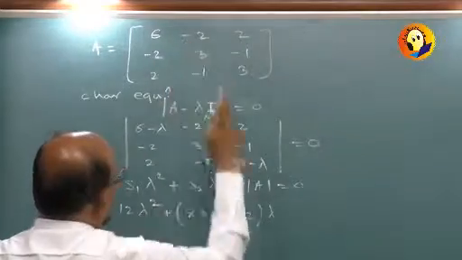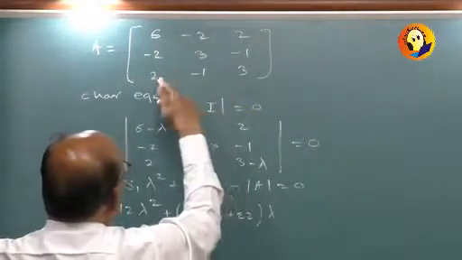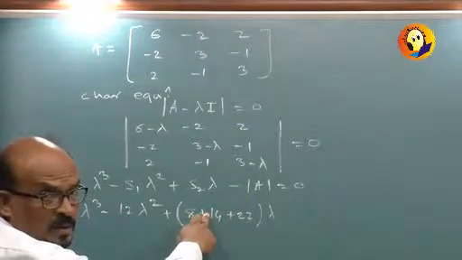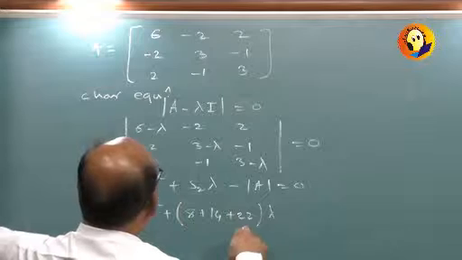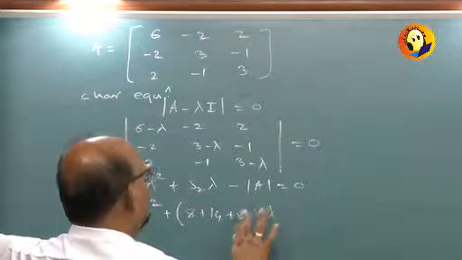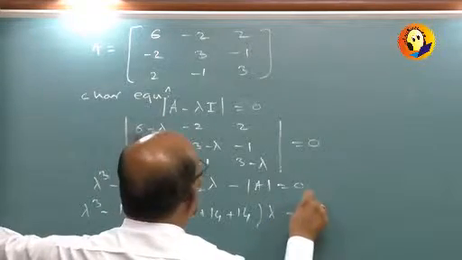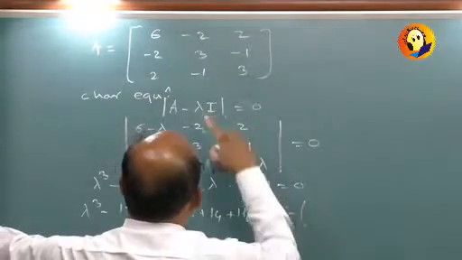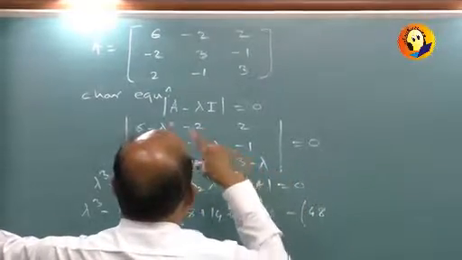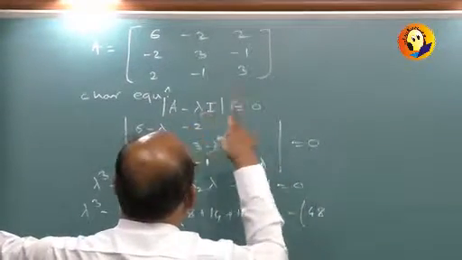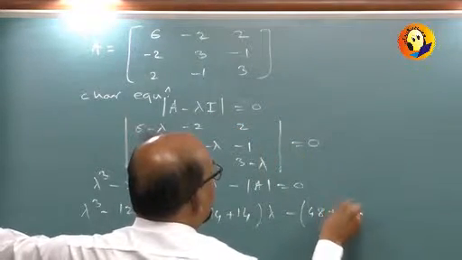18 plus 4 plus 14, it is 18 minus 4, 14. Third is 18 plus 14 minus, it will be 6 into bracket 8, so 48 minus 2, it is minus 6 plus 2 minus 4 into 2 plus 8.